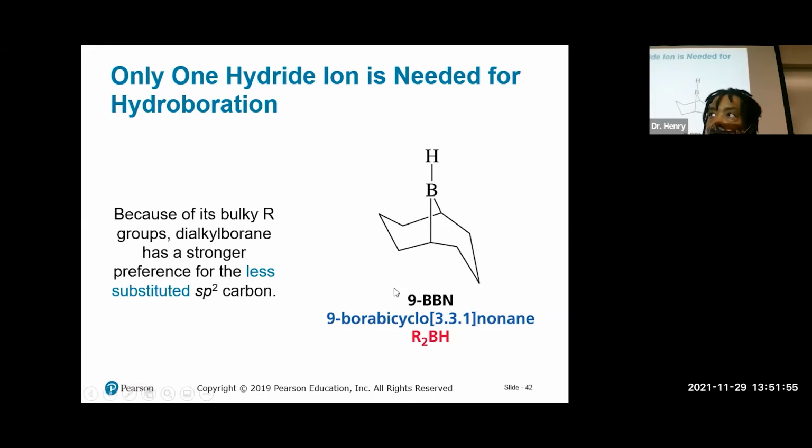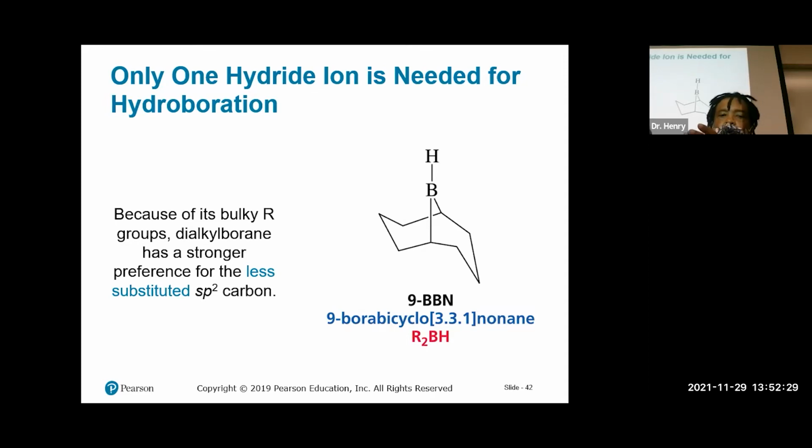Okay, so in the case of your alkylborane, it's going to have a preference for the carbon that is less substituted, the sp2 carbon.